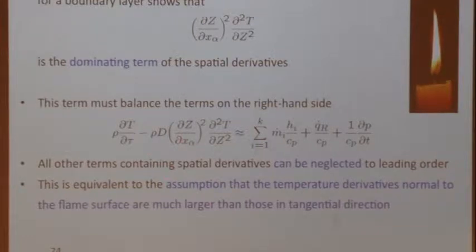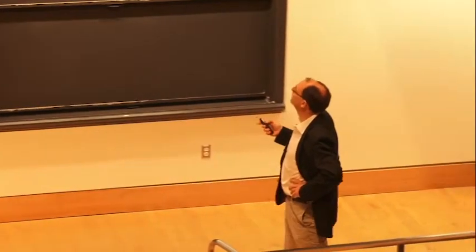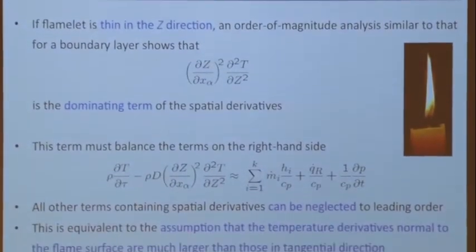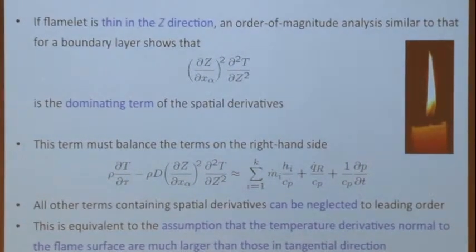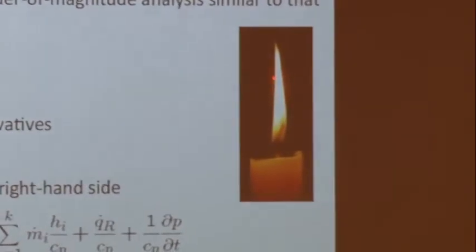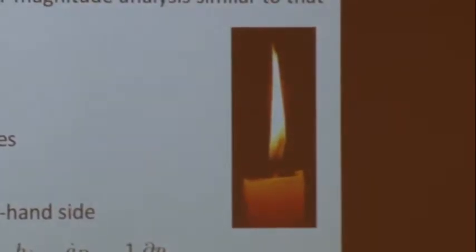That term is very important, and we don't need to go through all the math, but the asymptotic approximation that we make is to say, look at this thing. We said stoichiometric is basically the interface between black and white here.